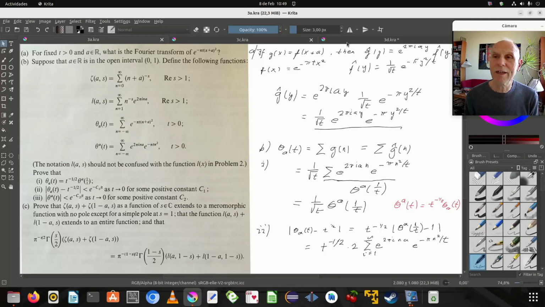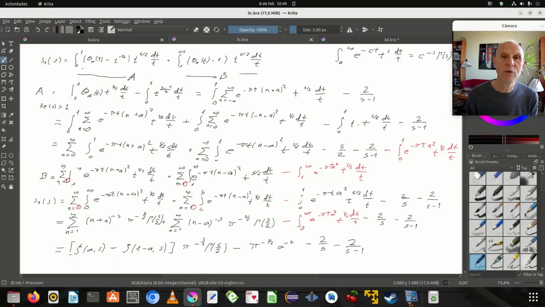And the only way I can see to get about it is to make a change of variable here, simply introducing a new variable u equals 1 divided by t, the reciprocal of t. So I'll pause the video and write the formula we get just doing that.